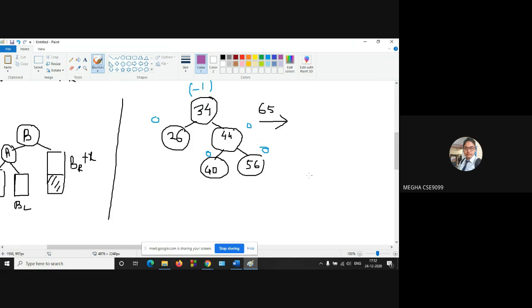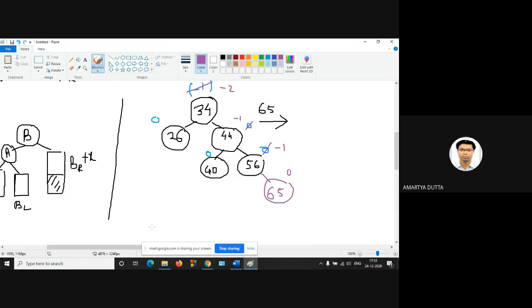Right of 56. So what is the balance factor of every node? What is the node where the balance factor is violated? This is 0, this is minus 1. For 44, this will again be minus 1. For 34, this will be minus 2.